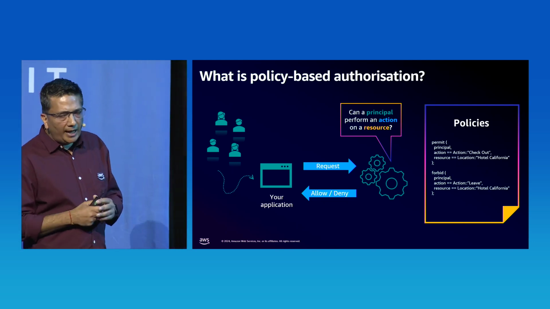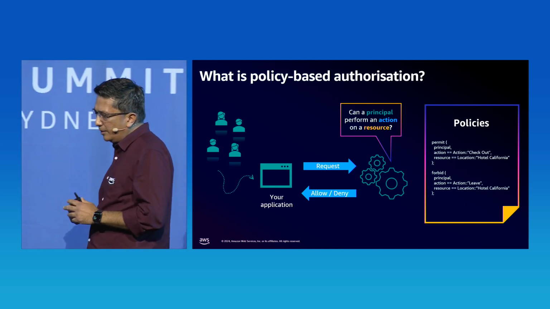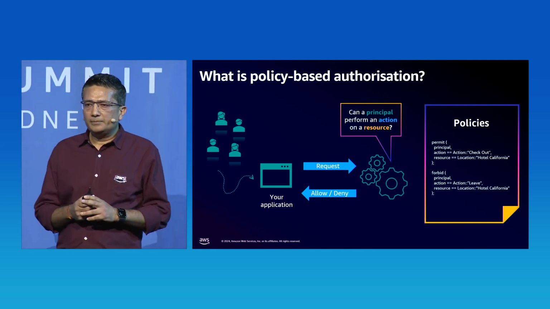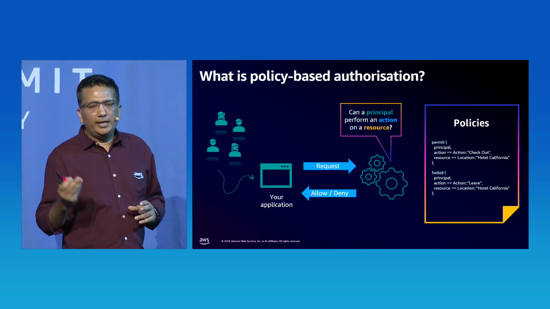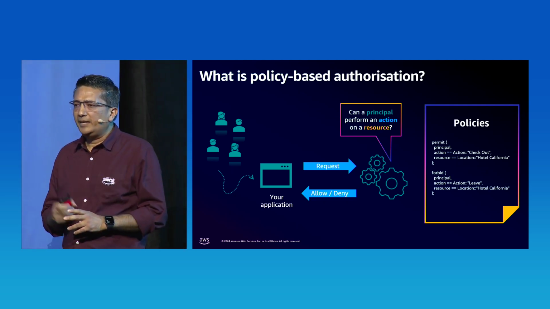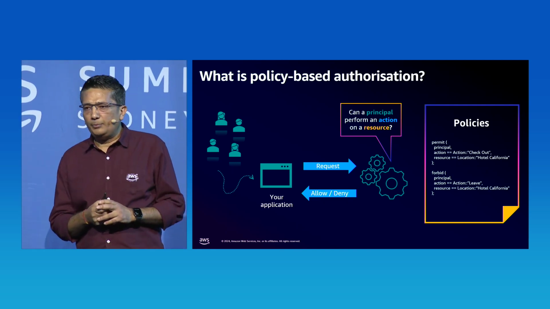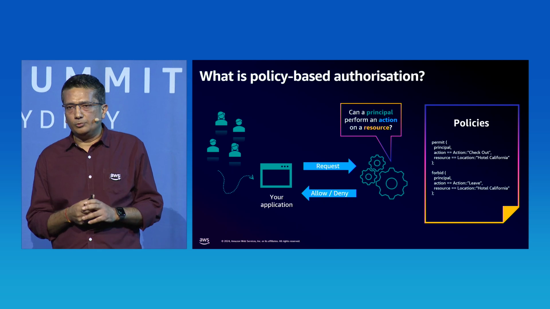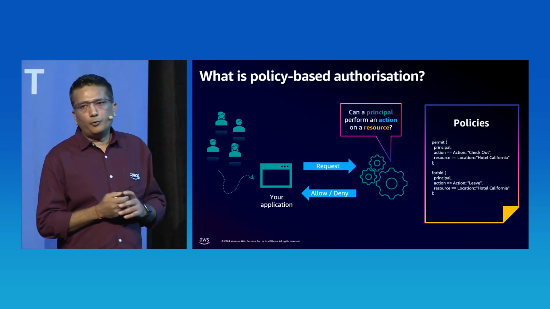And if you're familiar with IAM, which is Identity and Access Management Service, it does exactly the same for your AWS resources. You create IAM policies, and IAM as a service acts as an evaluator of that policy, and it lets you access your AWS resources. But IAM was not designed for your application. It doesn't have any knowledge about your application's authorization rules. So how can we take a similar approach for our applications?